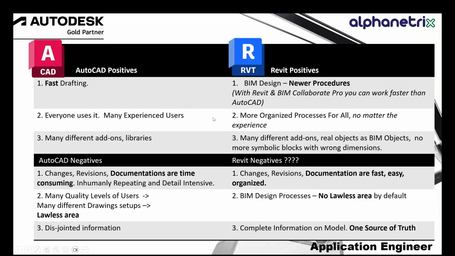It gets slower as it has all the information inside it, but there are ways to make it work faster in production, as it is with Revit and BIM Collaborate Pro. Revit by default has a project browser with documentation and everything set up, so there is no capability to have all this floating drawing inside the model. And every piece of information is linked, complete information on the model, one source of truth in comparison to disjoint information.